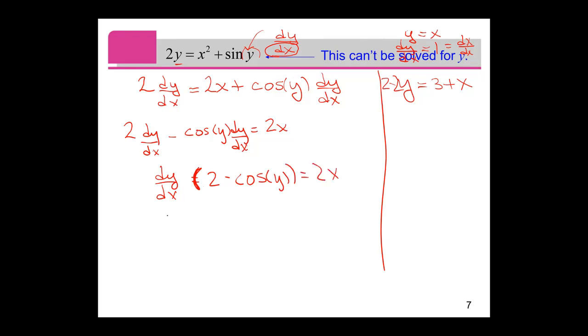Hold on, I'm copying. And then would you just divide that whole parentheses from dy/dx? Yep, exactly. And there's my derivative of y with respect to x is equal to 2x over 2 minus cosine of y. Exactly. You just want to think of dy/dx as a variable.